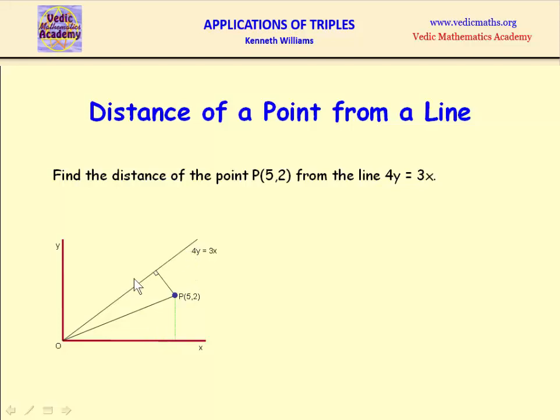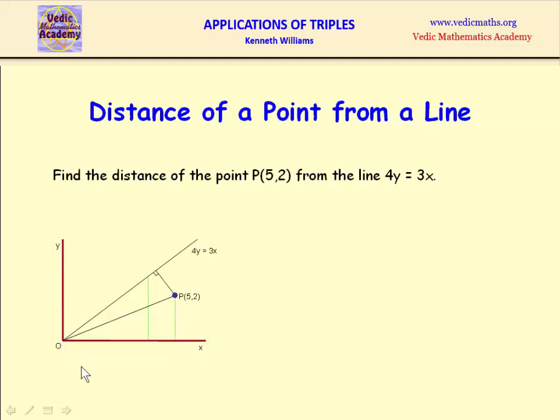Now we know we can get a triple for the line. So this line here shows the triangle, or triple for the line, showing the slope of the line, which will be 4, 3, 5 in fact. Remember, we take the coefficients of y and x, so that's a 4, 3, 5 triangle. We can take the triple for the point, which is going to be 5, 2, and square root of 29.